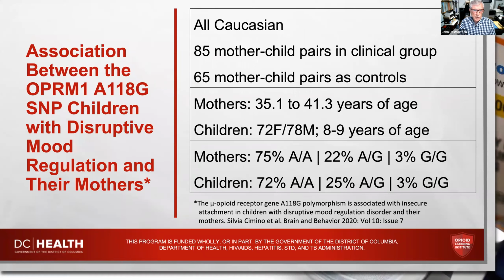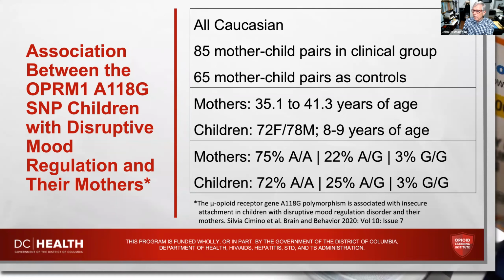And I found this study, which I thought was really interesting because it had nothing particularly to do specifically with opioid use disorder. But these researchers looked at children with disruptive mood dysregulation disorder. So they had 85 mother-child pairs in the clinical group and 65 as the controls.